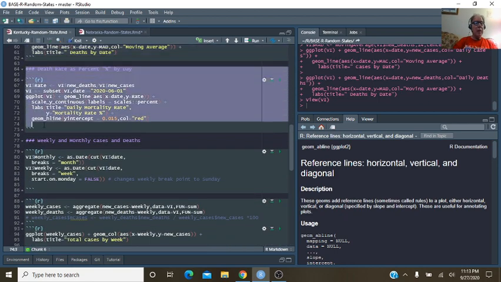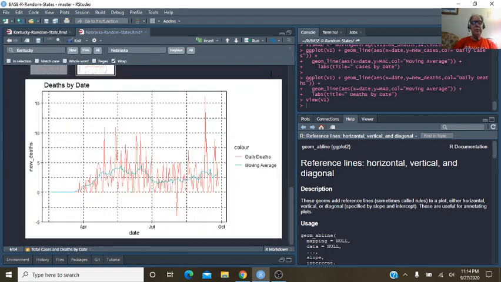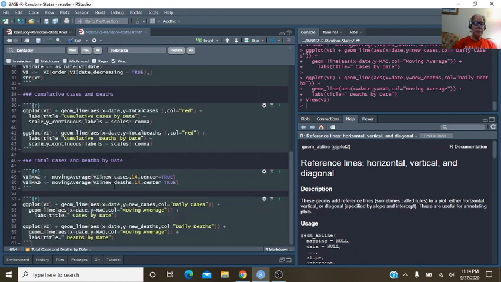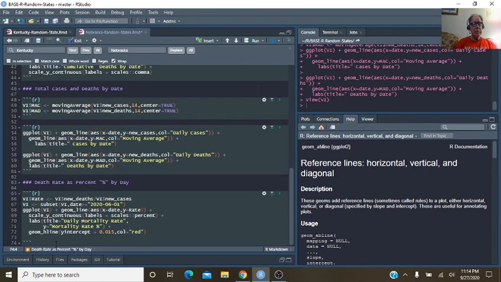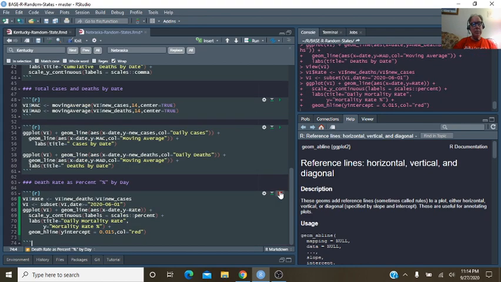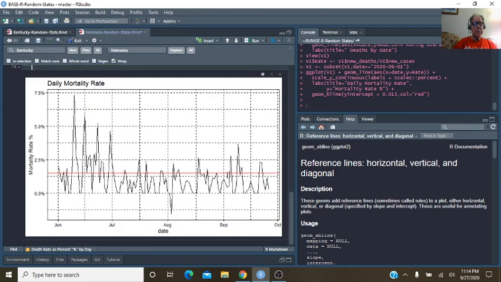What about the death rate? I would imagine the death rate's actually fairly low. We'll find out real quick. Okay, you can see that the deaths are ranging between basically 0 and 2.5%.